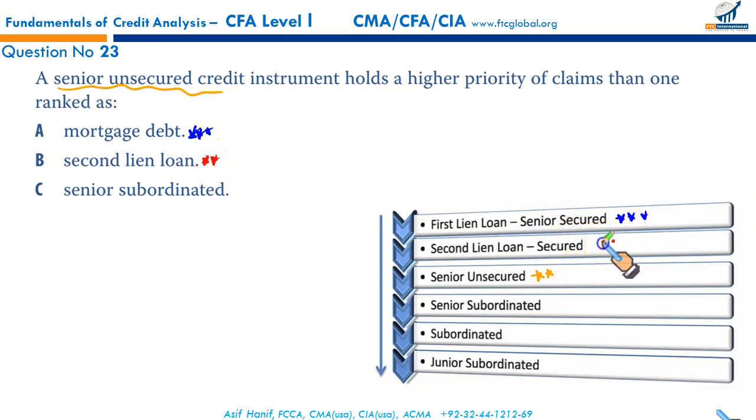So you know the exact locations, it will be easier for you to then give your answer. And senior subordinated given in black. Now, look at this orange. Where does it stand? A senior unsecured credit instrument holds a higher priority of claim than the mortgage debt? No, it is lower than mortgage debt. Is it higher than the second lien loan? No. Then it is only higher than the senior subordinated debt. So that makes C to be our correct option.